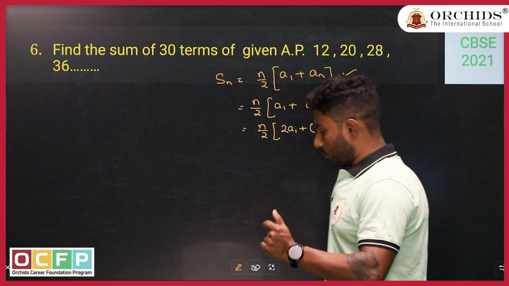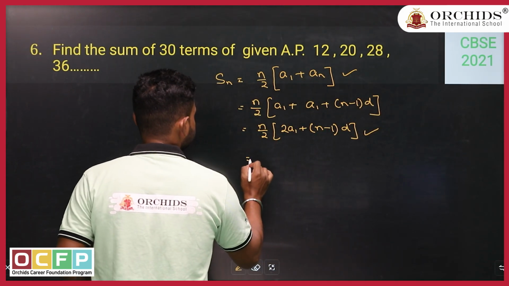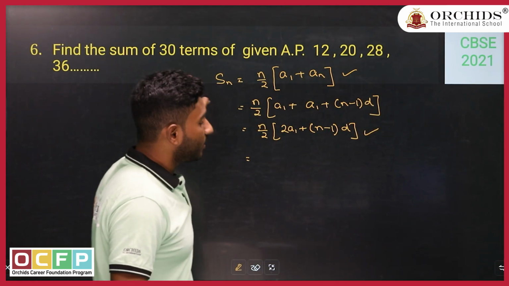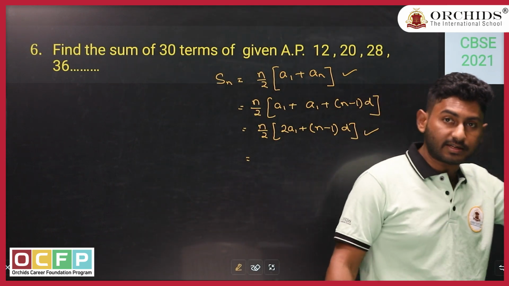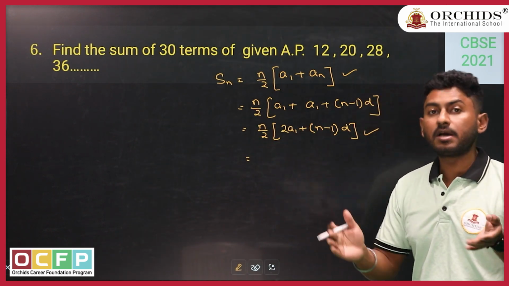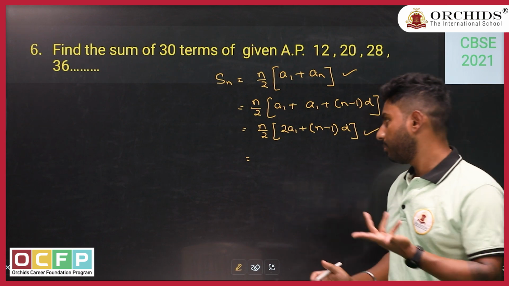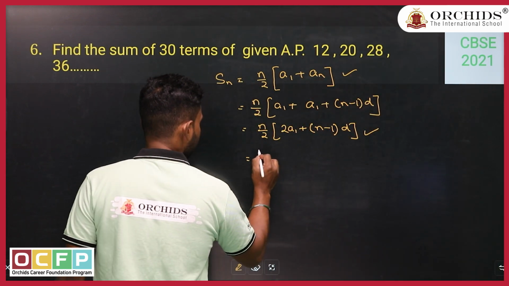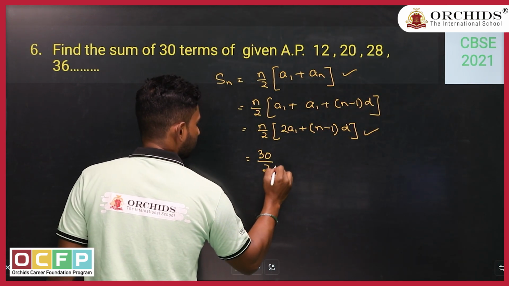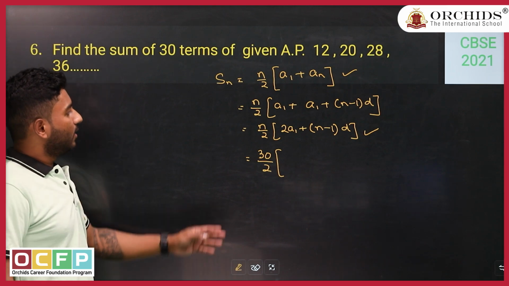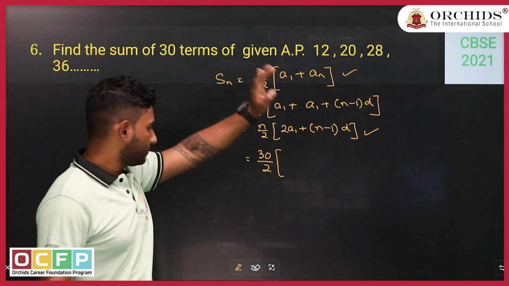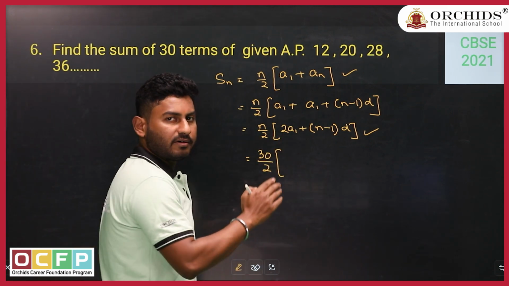Fine. Now, what is the first term in this case? Find the sum of 30 terms, right? So they are only saying that this particular series has 30 terms. So n is nothing but 30. Put 30. What is the first term? 12, right? So in place of A1, write 12.